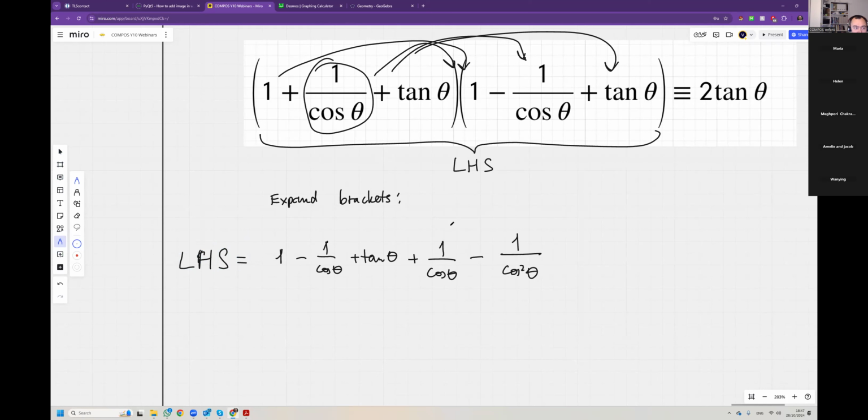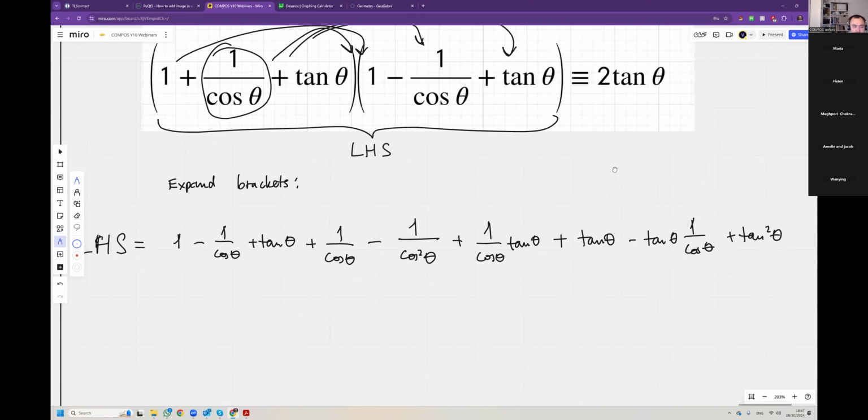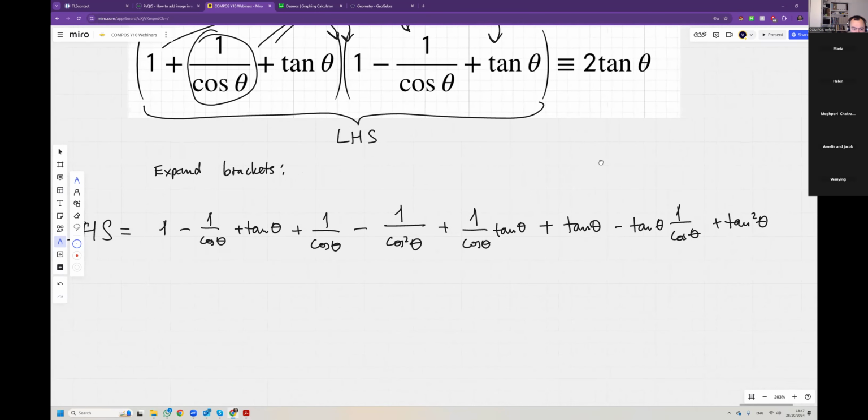Plus tan theta times 1 is tan theta, minus tan theta times 1 over cos theta, then plus tan squared theta, because tan theta times tan theta is tan squared theta. All right, is there anything I can cancel? Oh yeah, as a matter of fact, this one cancels out with this one. Makes life easier. 1 over cos and 1 over cos cancel.